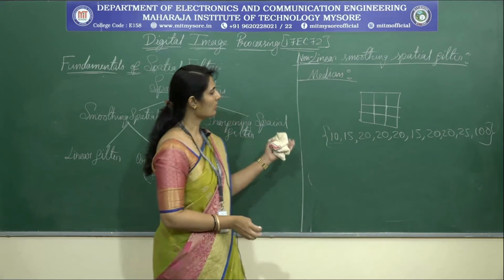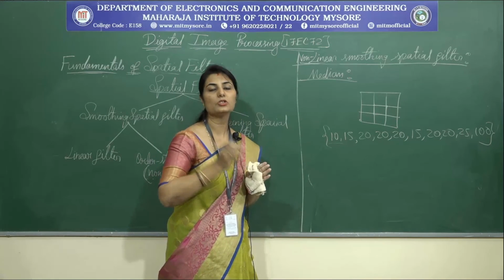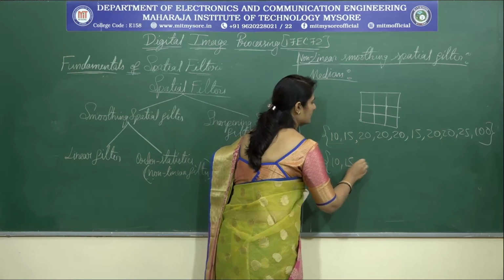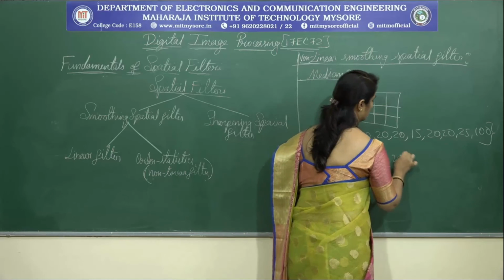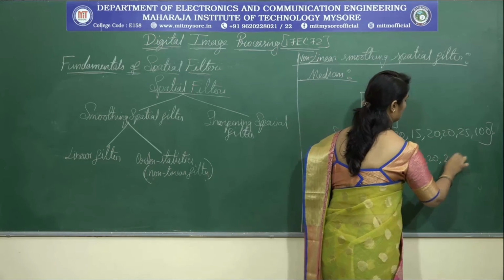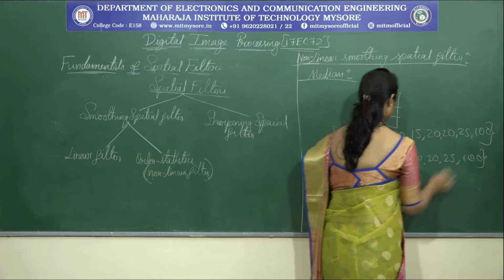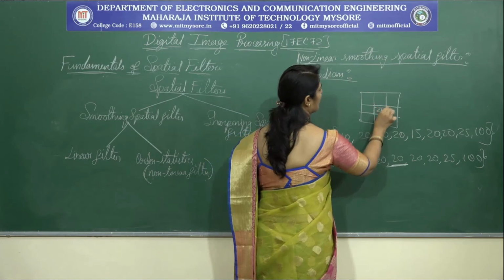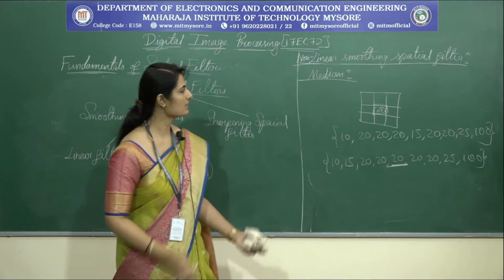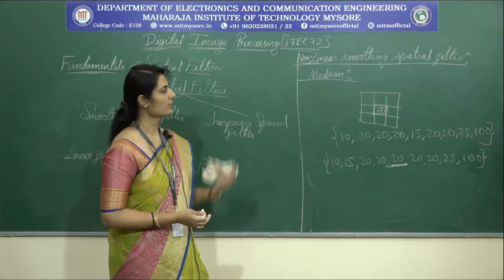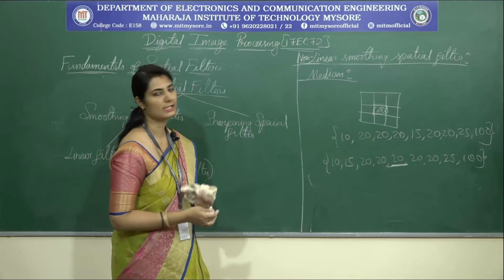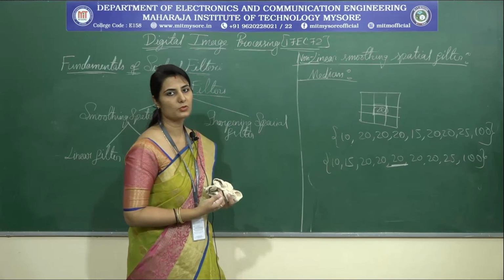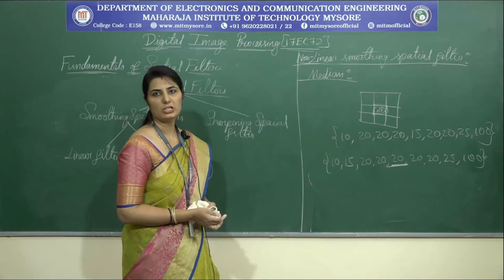In order to perform median filtering, first I need to sort these pixel elements, so I sort them in this order. The median of this is 20. So 20 is assigned to the center pixel. This is how we find the median using median spatial filters in non-linear smoothing.